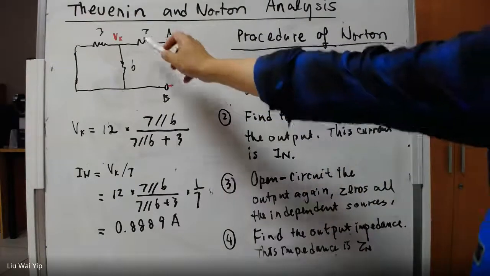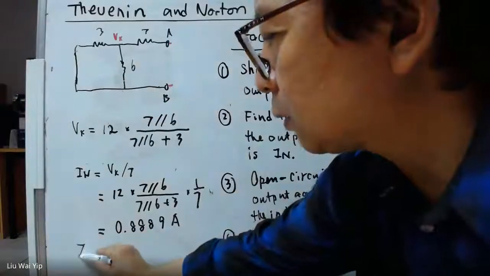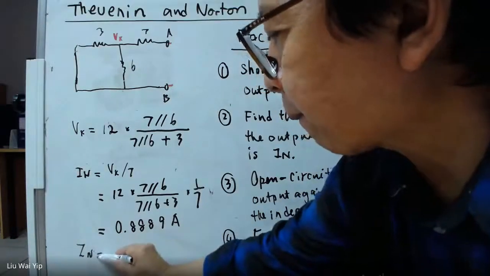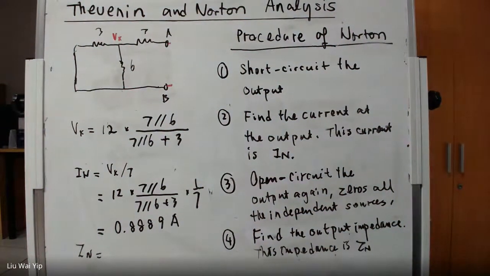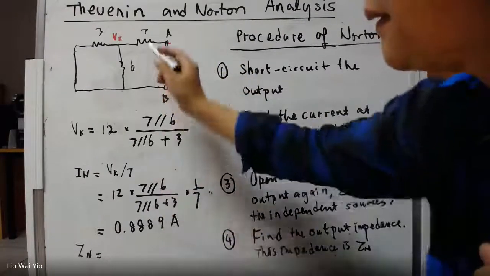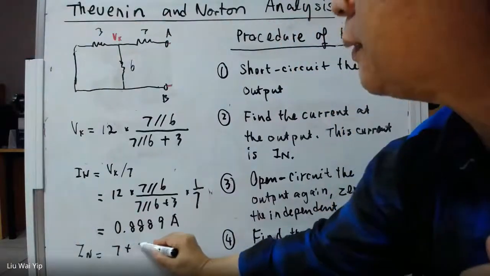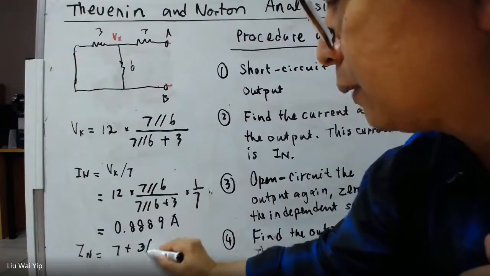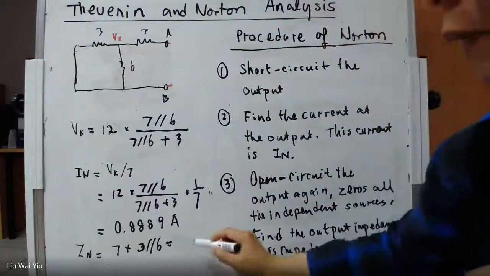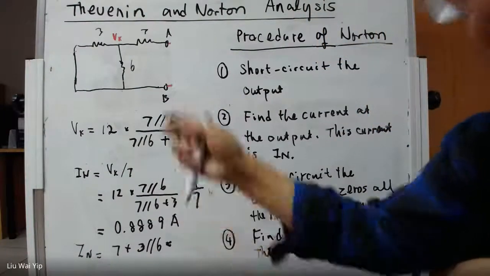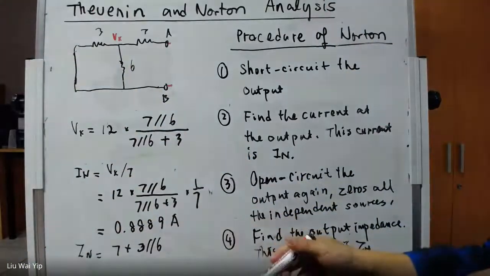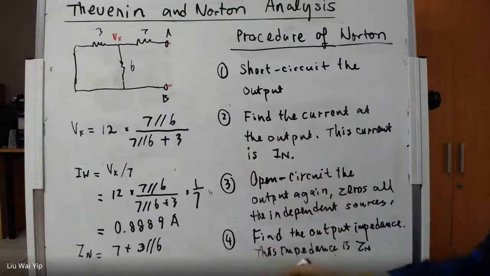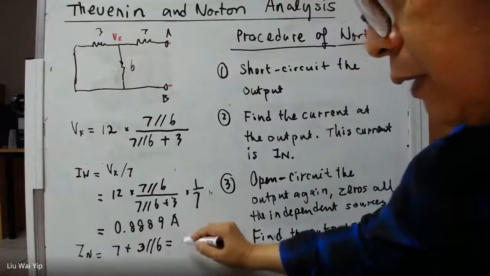So in this case, the Norton impedance is going to be, let's see, I need to check. It is going to be 7 plus 3 in parallel with 6. So this will end you up with 9 ohm, same as before. Norton impedance is exactly the same as Thevenin impedance.